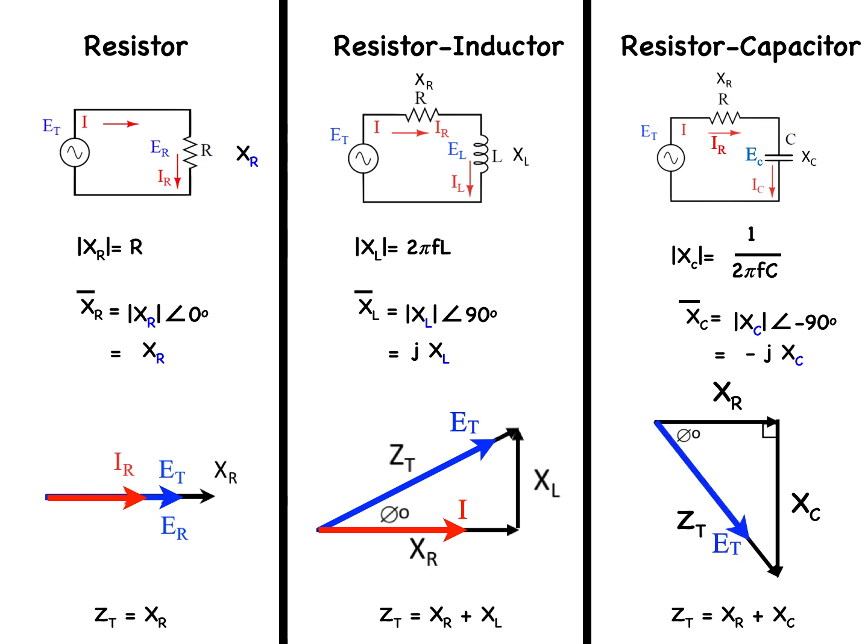If we drew in the voltage vector for the total circuit and the current in the circuit, it would have the same angle as the angle of ZT with XR, and we would find that the voltage in this case is lagging the current by phi degrees.